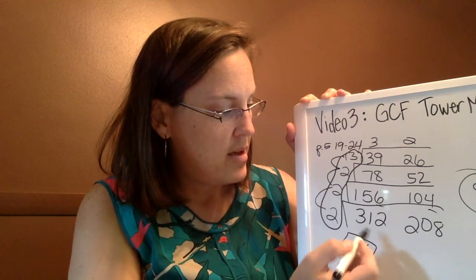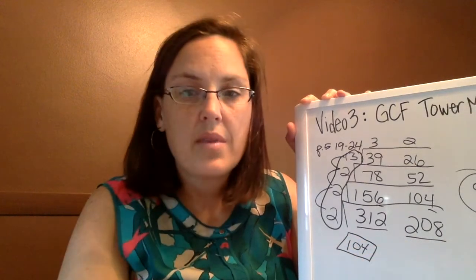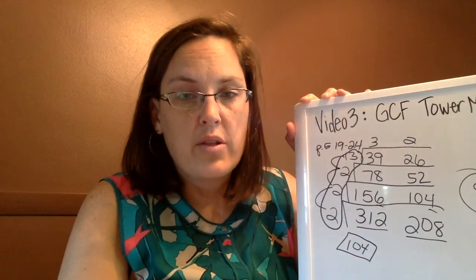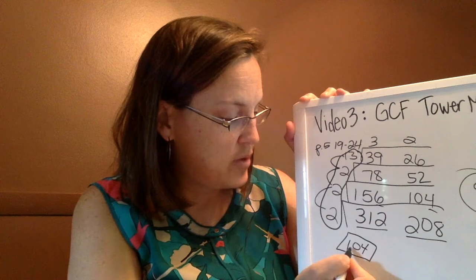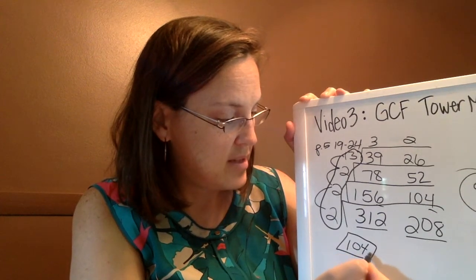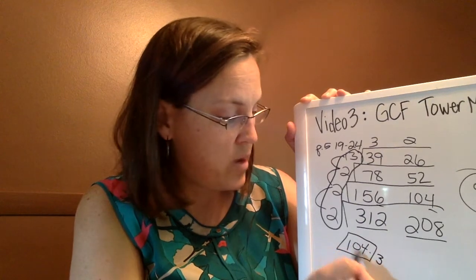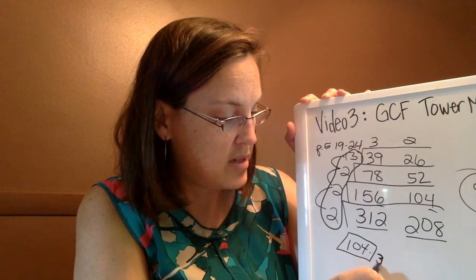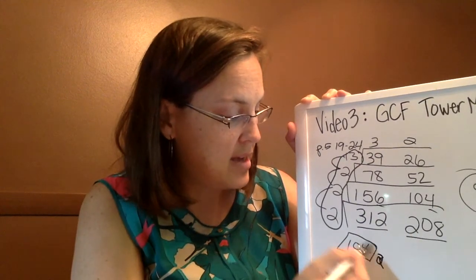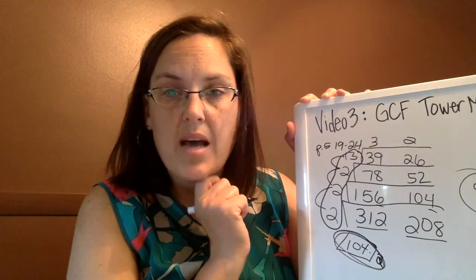Now, going back to these two, you might have known just by looking at those two numbers that 104 times 3 equals 312, and 104 times 2 is 208, making 104 the greatest common factor.